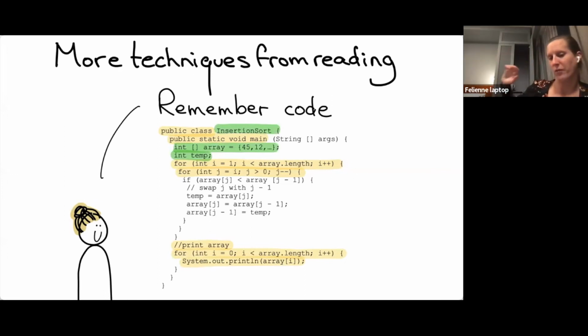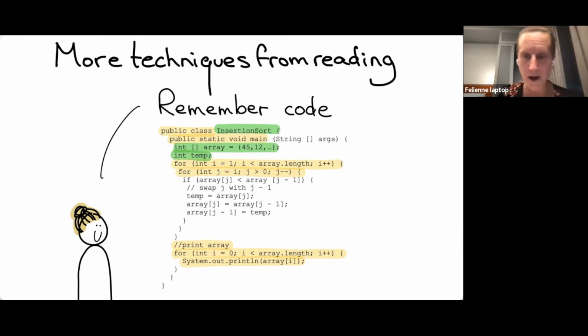Whereas some of the parts will never be easy to remember, right? The concrete values that you have in the code, like 45, 12, and 8, that will never be easy. But remembering specific constructs, if you can remember them with ease, that means you really, really know them very well. So remembering is both something you have to think about in onboarding and also something you can use for diagnostics.